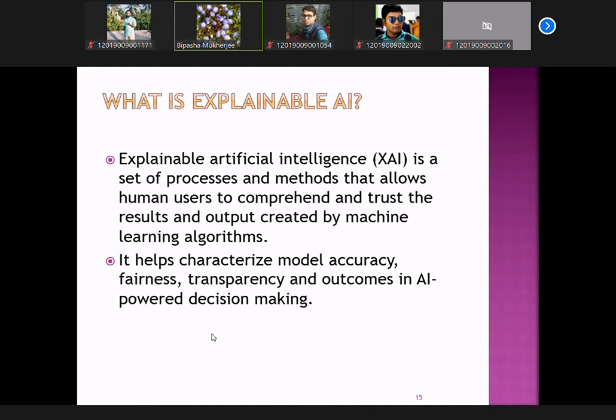That is the job of explainable AI. They are in the more analyzing part. They are trying to analyze the result. If it gives a wrong result, mainly at that time it tries to analyze what the problem is.